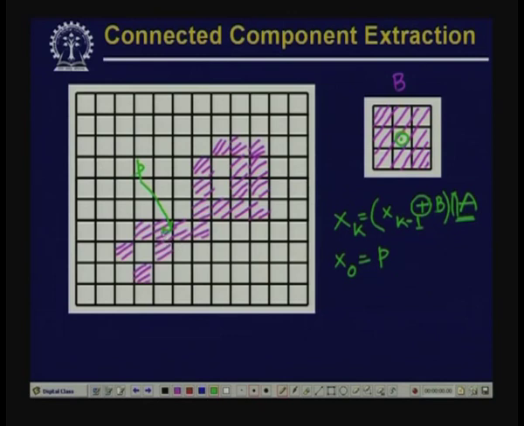So, here this being our initial point P, if I dilate this with this structuring element, you find that all these points are going to be set to 1. But after the dilation operation, as I am taking the intersection with our original point set A, only these points will be in set X_1 at the end.